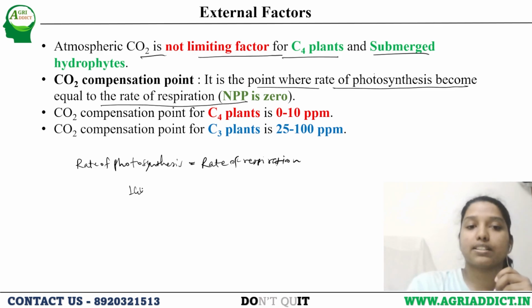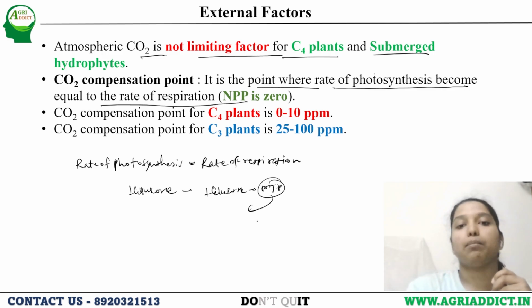If one glucose is synthesized, this one glucose is getting broken down, producing ATP, and this ATP is utilized by the plant. This is the scenario at the carbon dioxide compensation point.